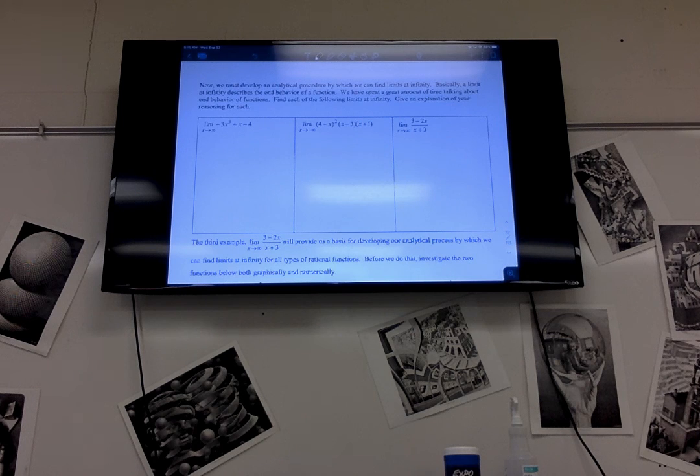So here we go. This is a cube. So that means it's an odd. The little 3 means it's an odd degree. And if it's an odd degree, then they point in opposite directions. And then you look at the leading coefficient, which is that -3, that's negative. So that means it's down, let me make sure, no, up.